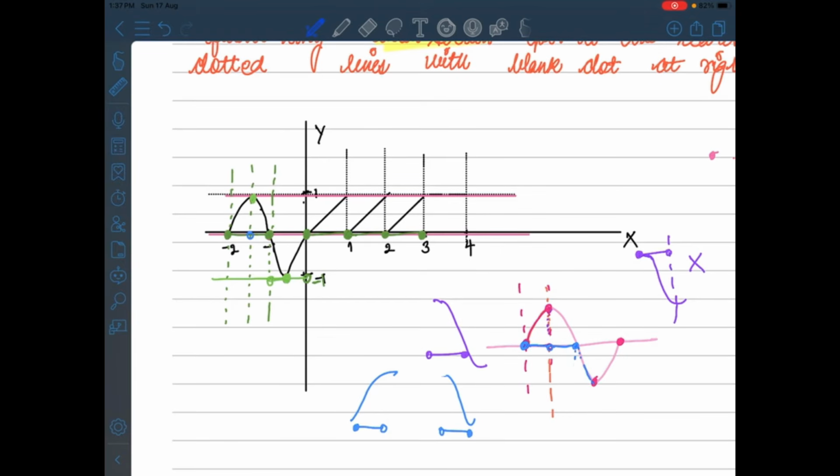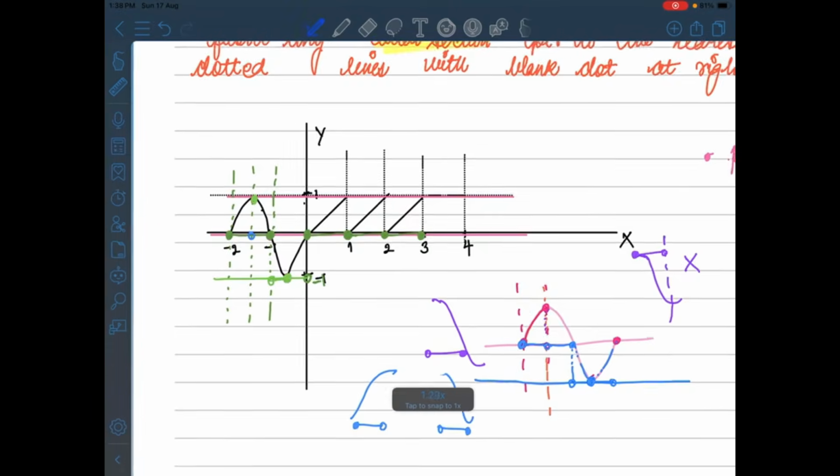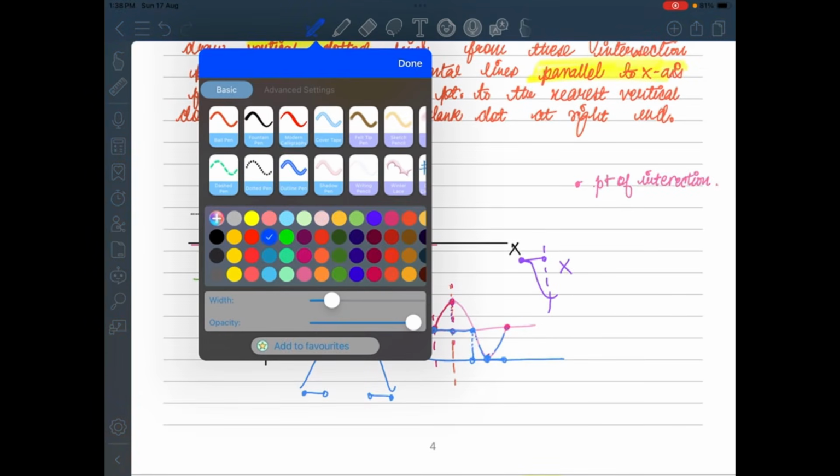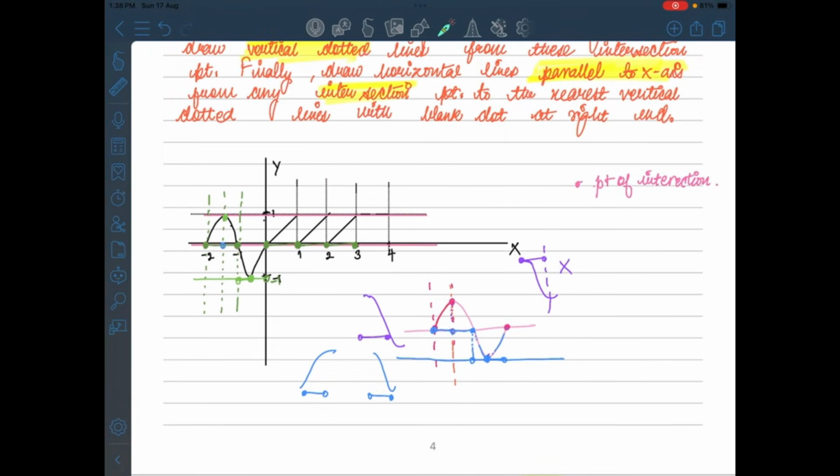Remember, you will come here to the point of intersection, like the next integer line. Here, hollow and solid. Now since it is increasing, what should happen from here? Solid to hollow. I hope I'm making it clear to you.